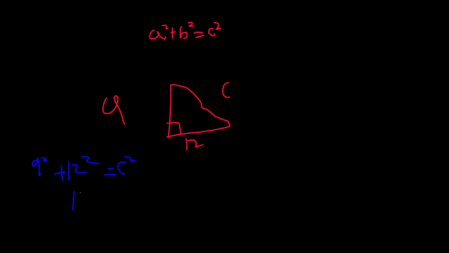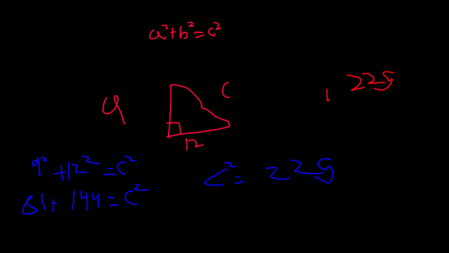So 12 squared, that's 144. 9 squared, that's 81. And that's going to give us c squared, which is going to be equal to 225. And now we're just going to take the square root of 225, and that is going to be 15, which is our c.